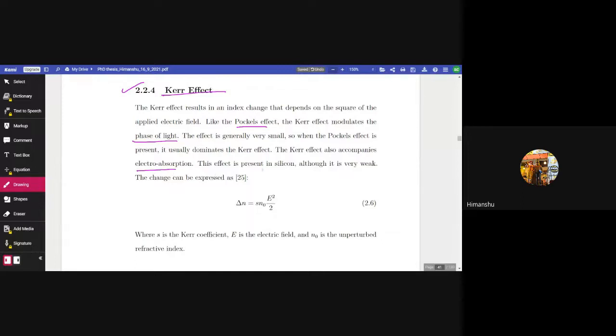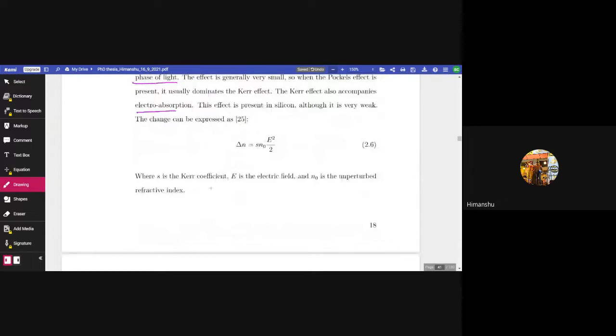This effect is present in silicon, although it is very weak. The change can be expressed as, reference 25, delta n equals S n naught E square by 2, where S is the Kerr coefficient, capital E is the electric field, and n naught is the unperturbed refractive index.